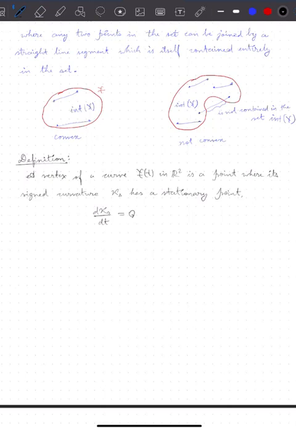So a vertex of a curve is a point where the signed curvature does not change with respect to the parameter t.